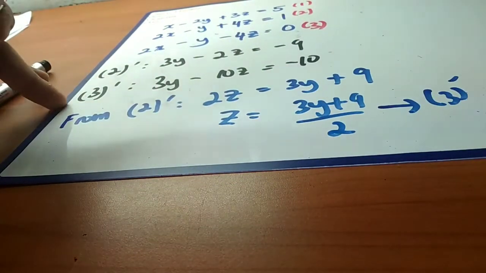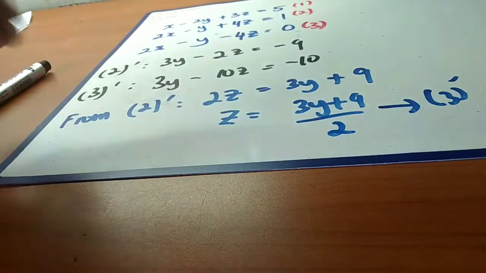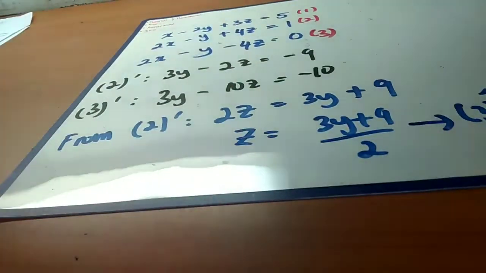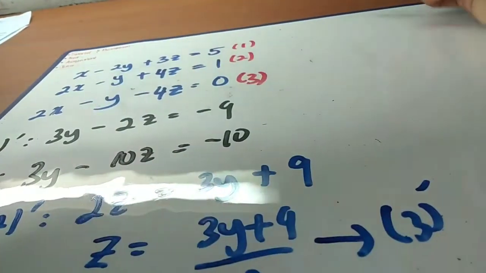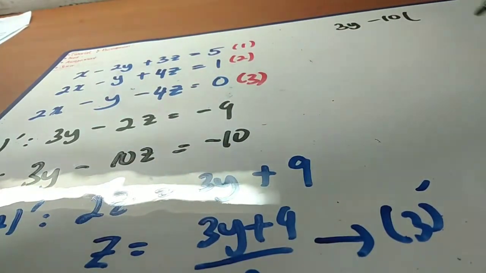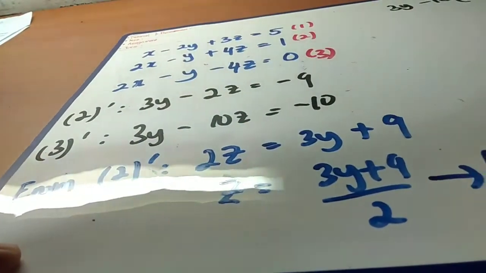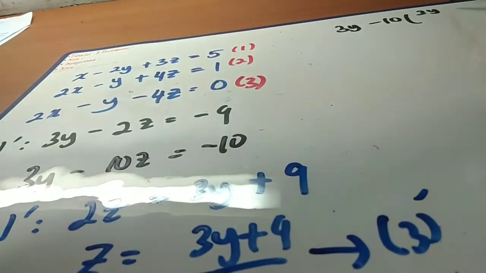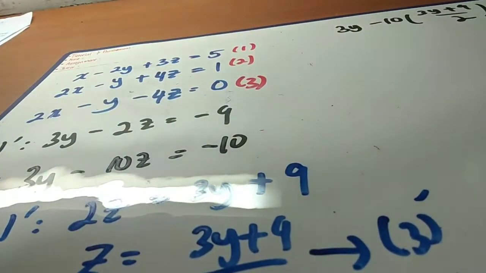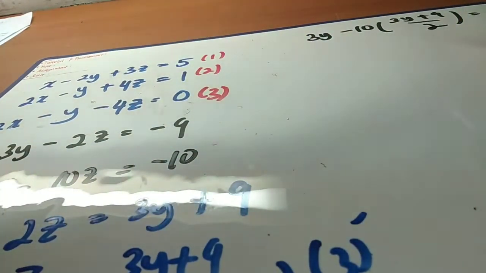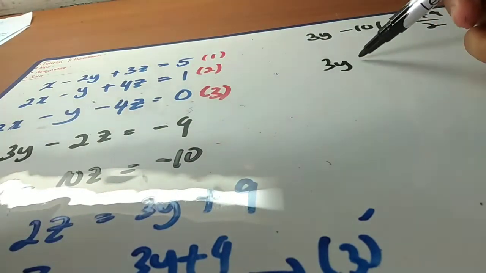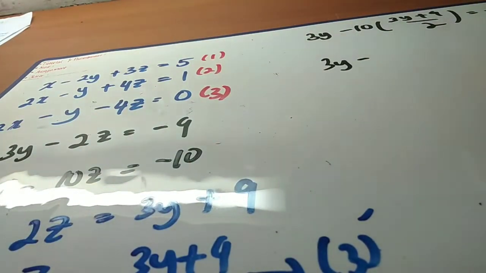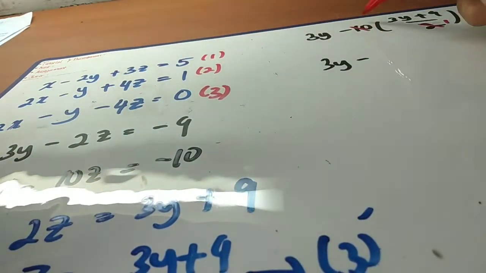The simplified form. What we have, 3y minus 10z. Z is just 3y plus 9 over 2, equivalent to negative 10. So we can solve this because this is a linear equation in one variable. You can cancel them, divide by 2, this is 5.